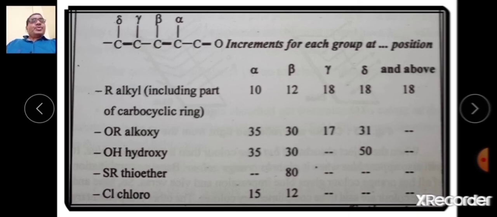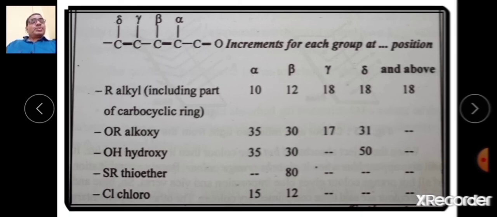When an alkyl group is substituted on the alpha position, add 10, on beta add 12, and on gamma add 18, and for delta and above it is also 18. That is, add this figure to the base value. Now alkyl group also includes the part of the carbocyclic ring.